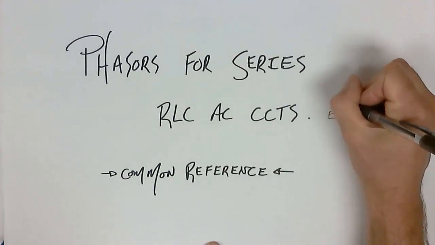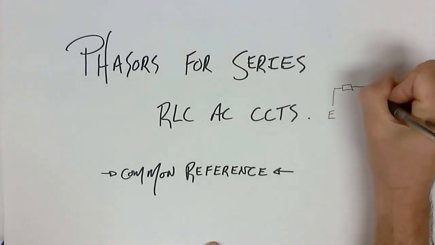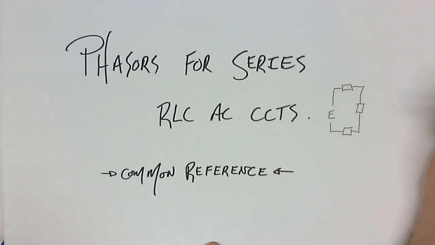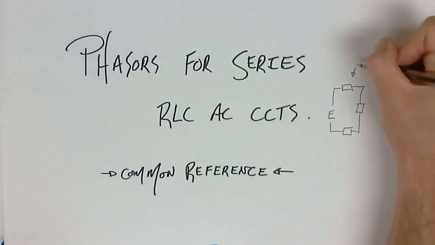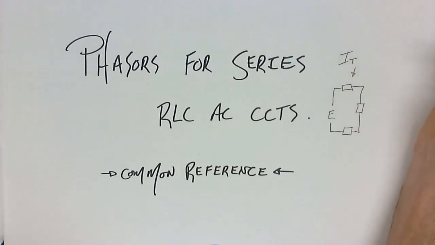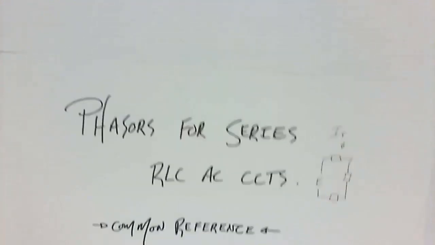It doesn't really matter what the components are that are in the circuit. We need an electrical value that would be the same for all three of these objects, and that would be the current value.